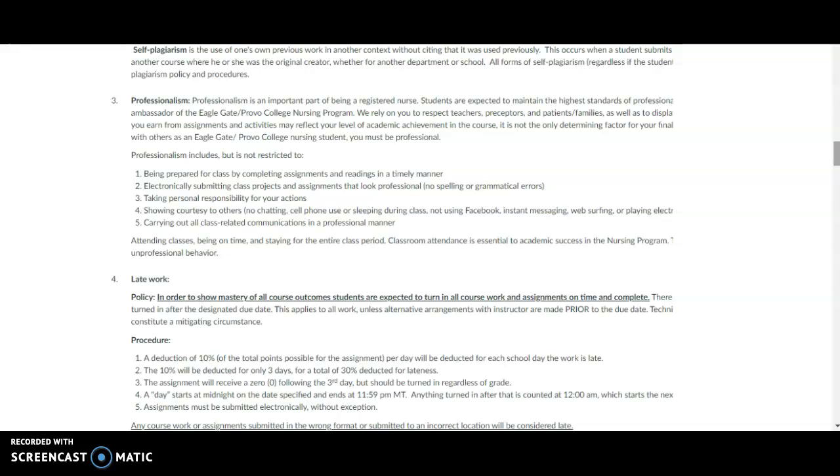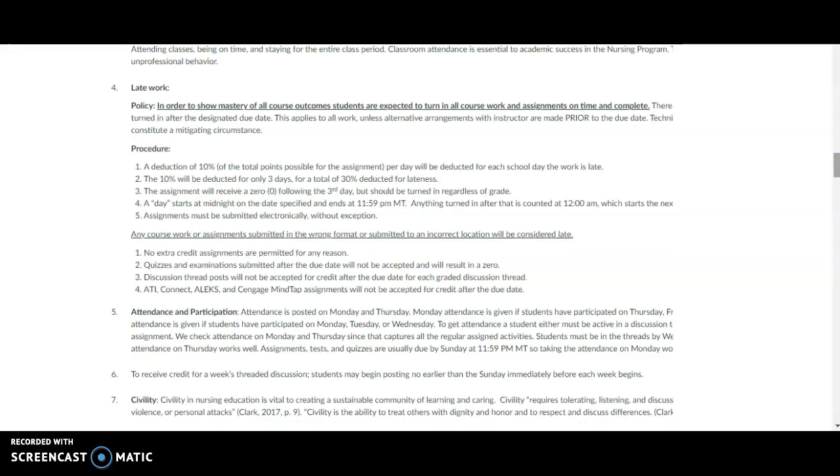We'll move to professionalism, and that is we are in a career that we are considered professionals. So part of that is being prepared, getting your assignments in on time, taking responsibility for your actions, and showing courtesy to others in this online class. As you know, we do have a late work policy.